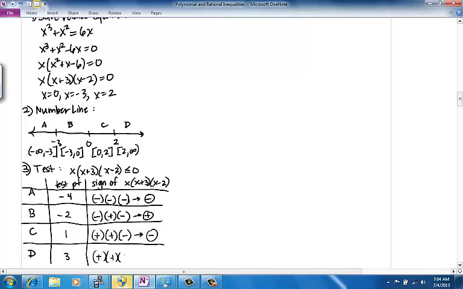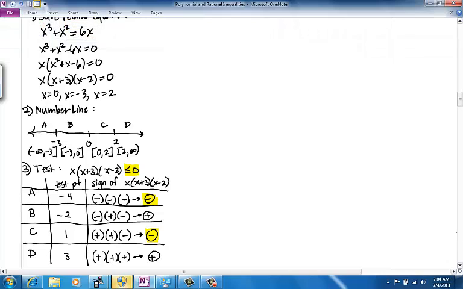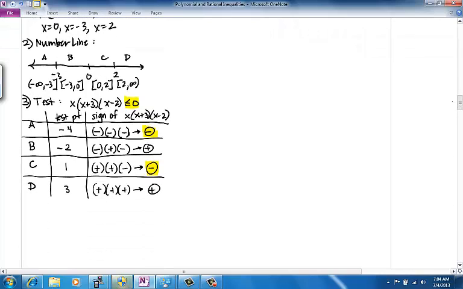So we'll have 3 positive factors which will yield a positive product. Then we look back and we wanted to know where this product was less than or equal to 0. So we can see we want intervals A and C. So A was negative infinity to negative 3, and C was 0 to 2.